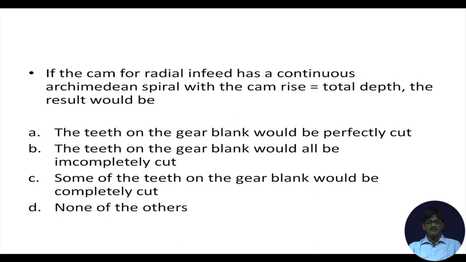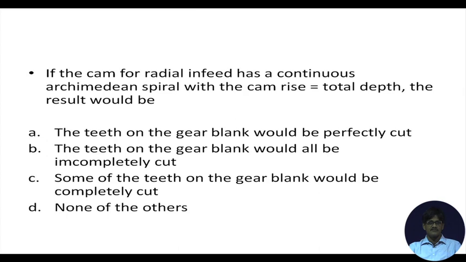The teeth on the gear blank would be perfectly cut. No, absolutely wrong, because if you are having an Archimedean spiral continuously rising from the beginning right up to the end, that means the depth is continuously increasing and there is no tooth which is going to have the correct depth, because the correct depth will only be reached at the very end where total depth is achieved.